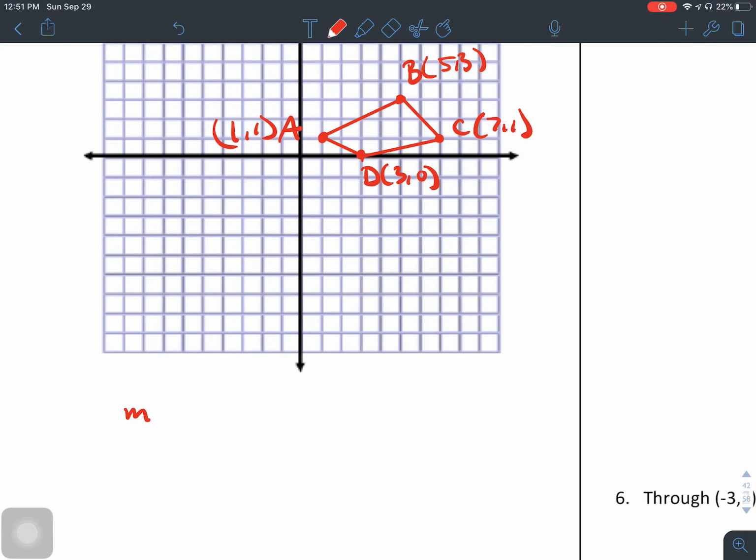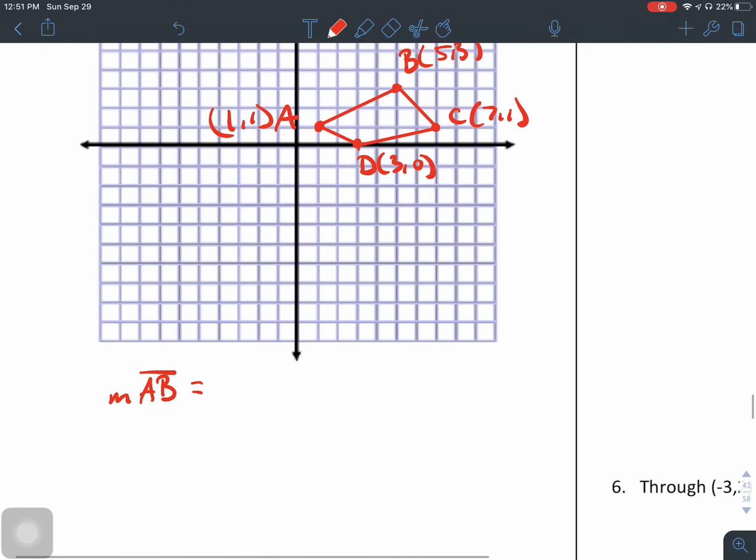You have to be careful. I can't just write slope is change in y over change in x and go to town, because I'm finding multiple slopes. When I'm finished with this, I want to know which slopes I have found. We need to find the slope of segment AB. We need to find the slope of segment CD. Those are opposite sides.